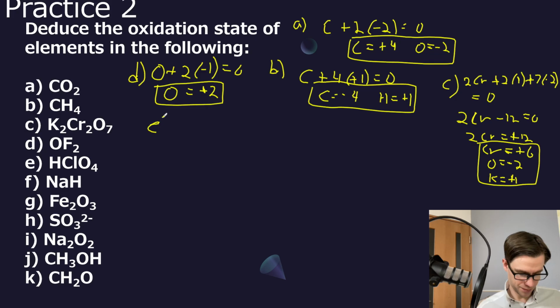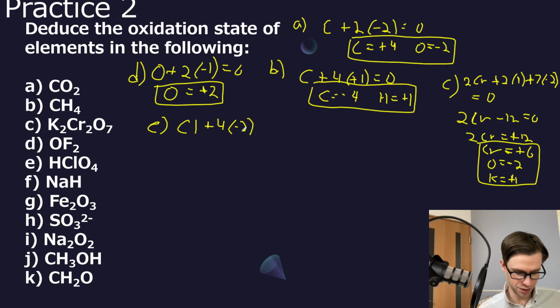Okay, E. HClO4, pretty tough. In this case, Cl is not in the rules anywhere, although halogens usually go minus 1. Sometimes the lower ones will go plus instead, and this is a lower one, lower than fluorine. It can have an expanded octet. So we'll keep Cl as the unknown one to solve for. We'll have 4 oxygens. We can still assume that they will go minus 2.